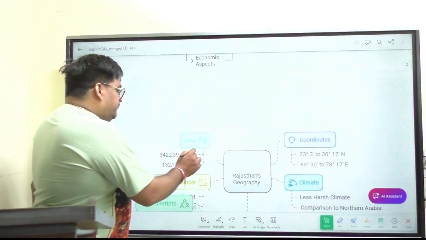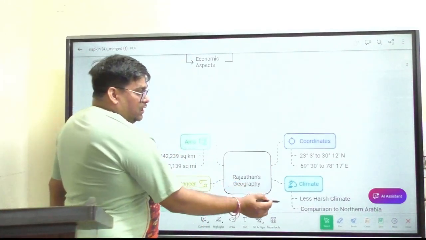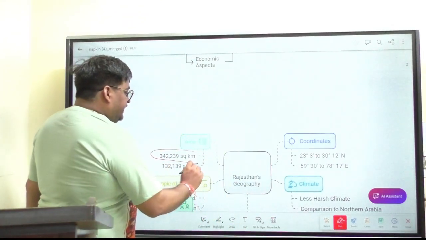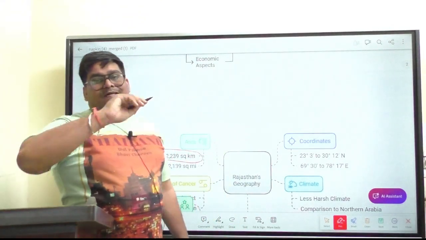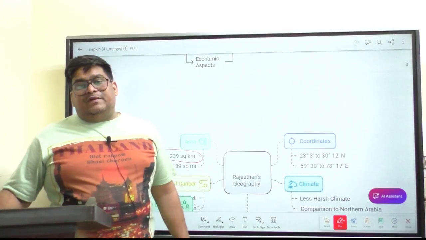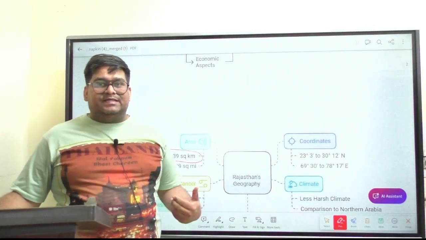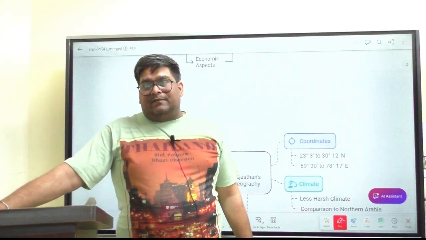If you want this data in square miles, that is roughly around 1,32,139 square miles. That is the area of Rajasthan.